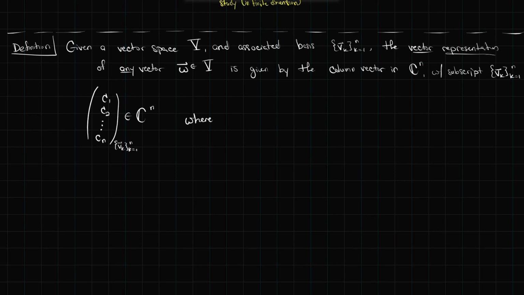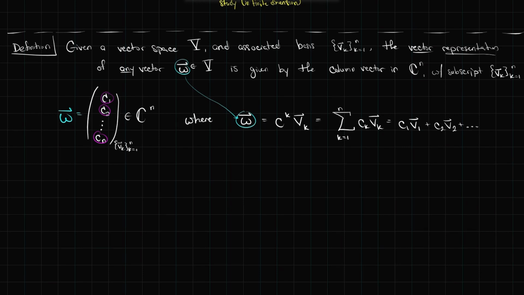where these c's have a very specific meaning. The original vector I cared about, w, which is the one I'm representing, has to be equal to c k v k. And let's recall from Einstein, that's equivalent to this. K goes from 1 to n, c k v k, which is equivalent to c1 v1 plus c2 v2 plus dot dot dot plus cn vn.